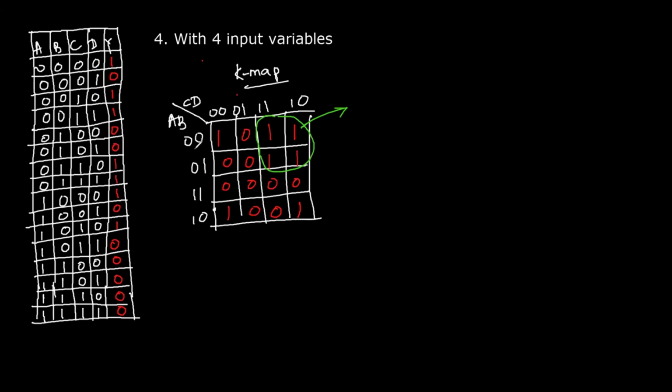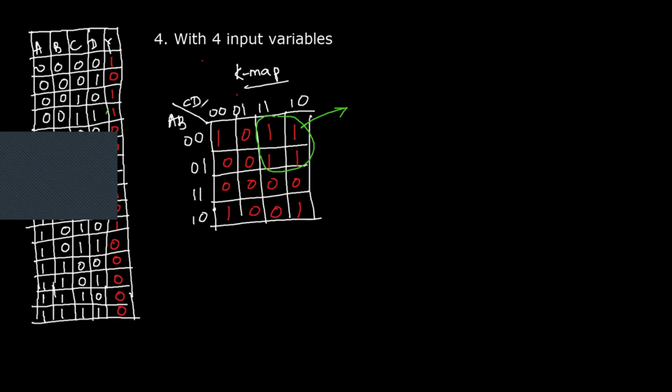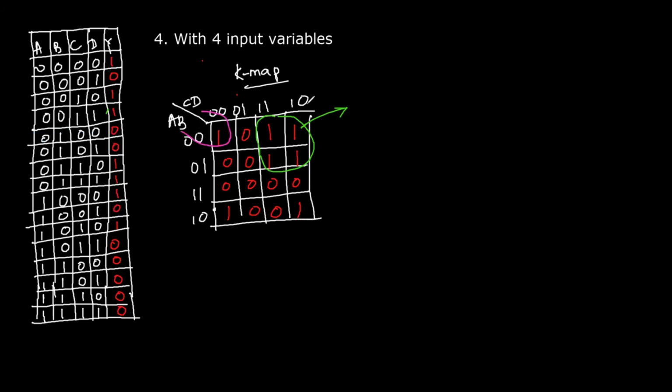So this one could be grouped with this one could be grouped with this one. So can this be grouped together? This one and this one. So with that in mind, we see that we can group this one along with this one and this one. So we have 4 ones grouped together once again.